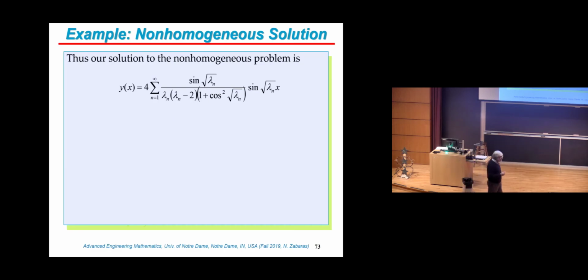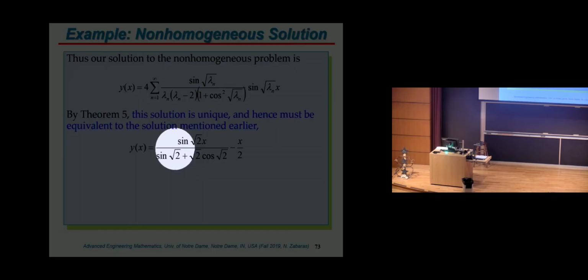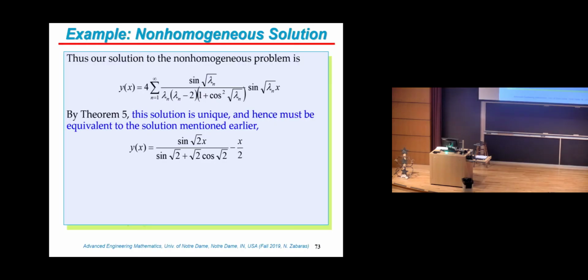Now, remember, we do know the actual answer, right? So now we got something very complicated that looks like a series expansion. But believe it or not, this complicated summation, everything here, is equal to this. So obviously, you're not going to do this type of expansion to get solutions that you already know, right?